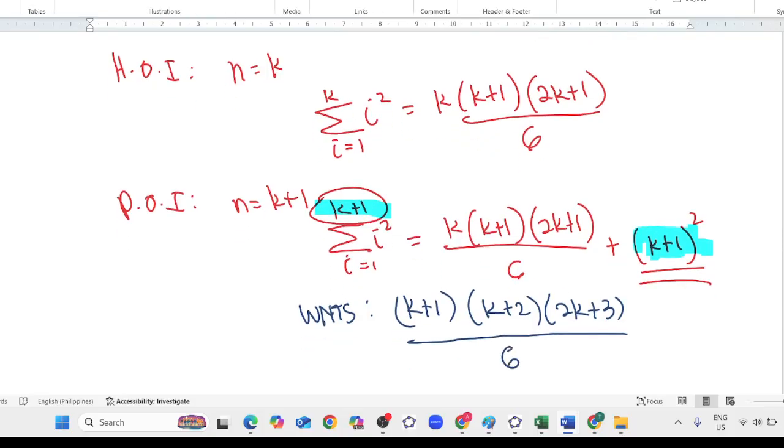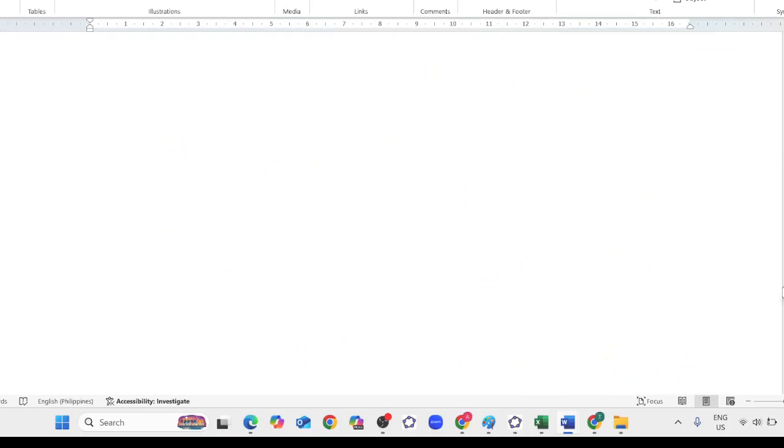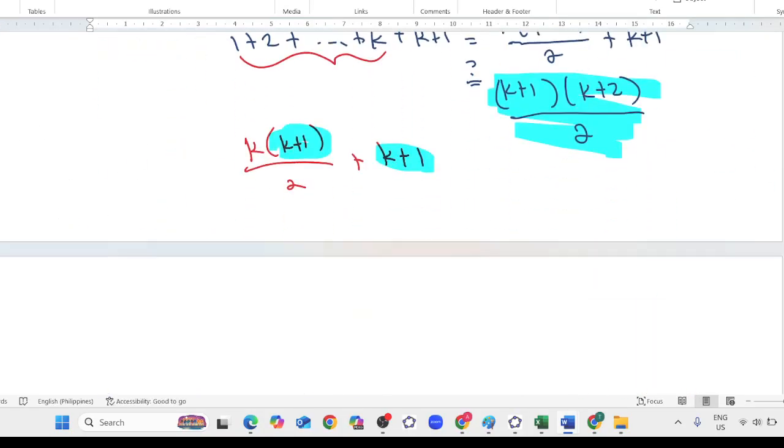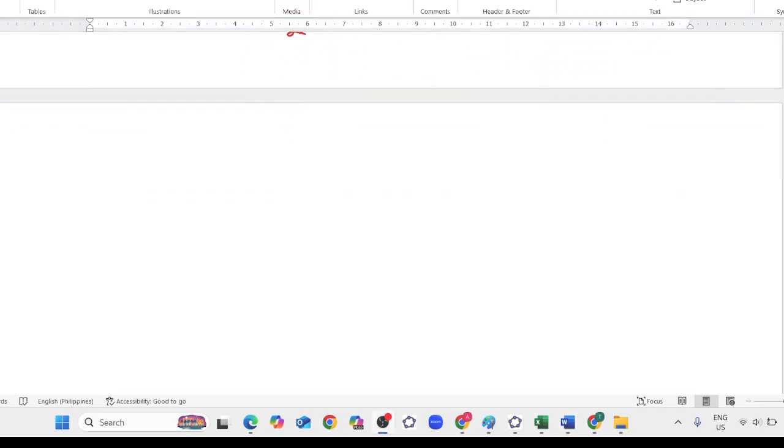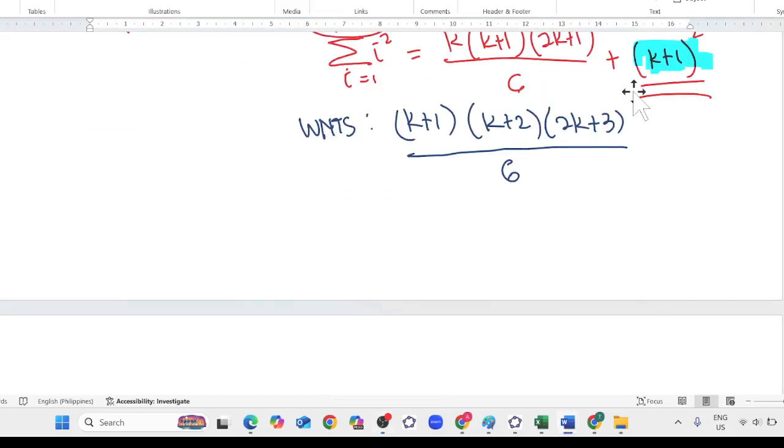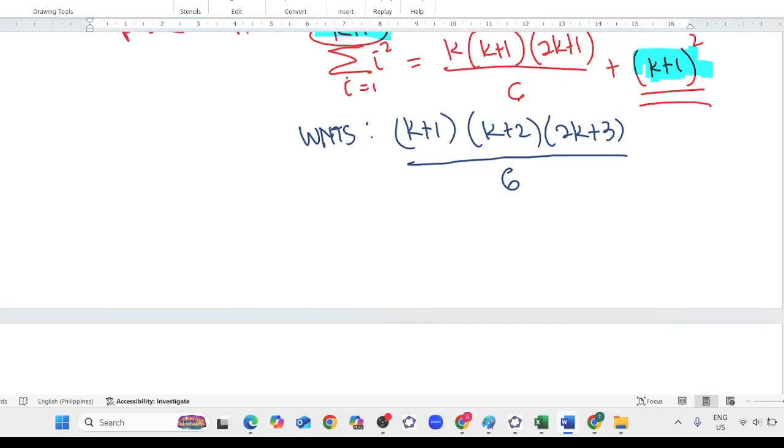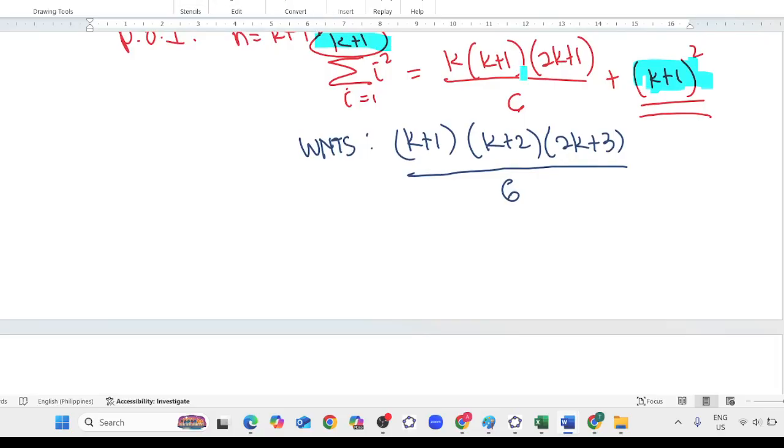Let me insert another page. Okay. So after this, we will solve for targeting this one. Given this, we have k plus 1. Right? We can take out another k plus 1 from here, and k plus 1 will be left.